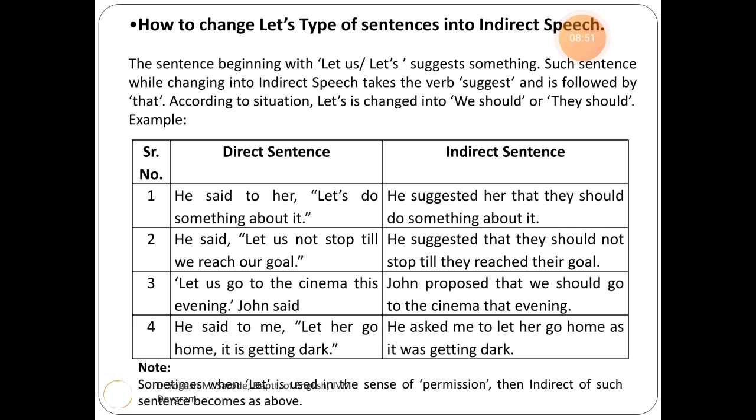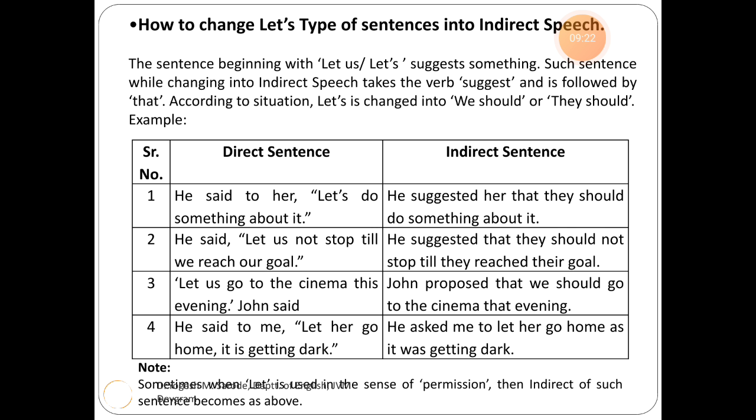He suggested to me also, you can say. To let her go home as it is getting dark. Now the reporting verb is in past tense, so reported speech will also be in past tense. He asked me to let her go home as it was getting dark. So these are very simple sentences while changing.